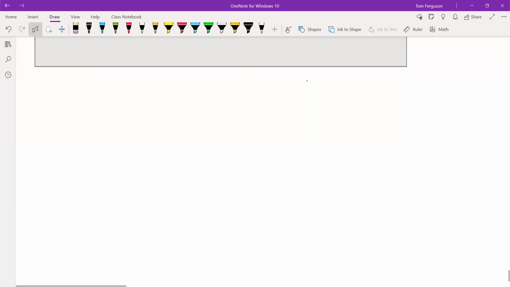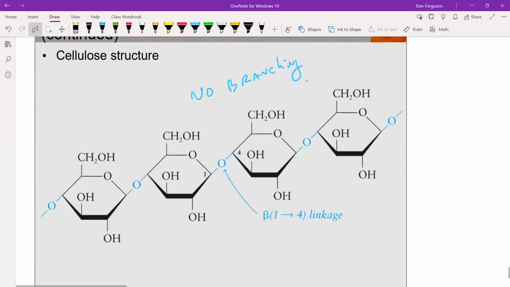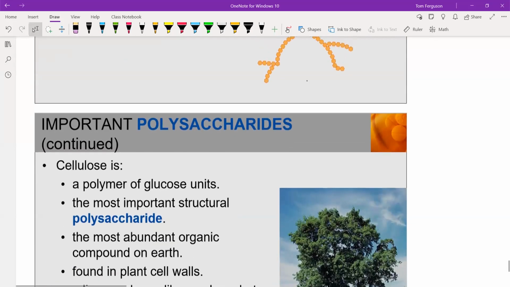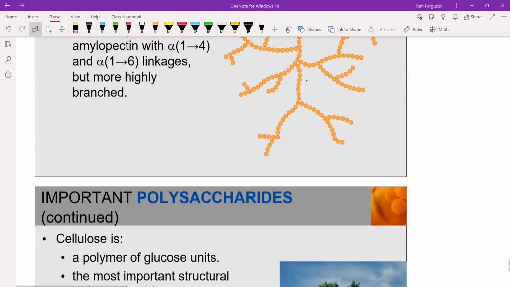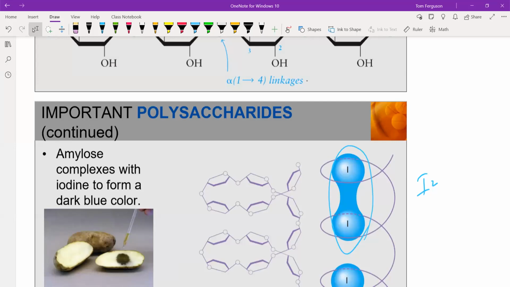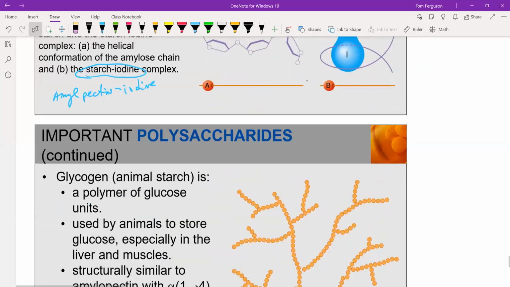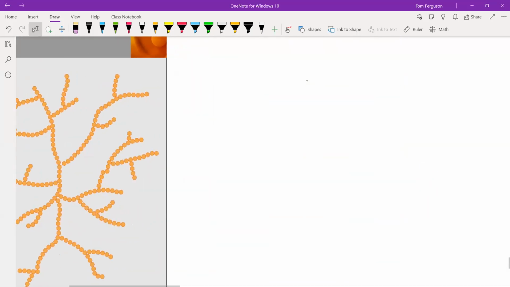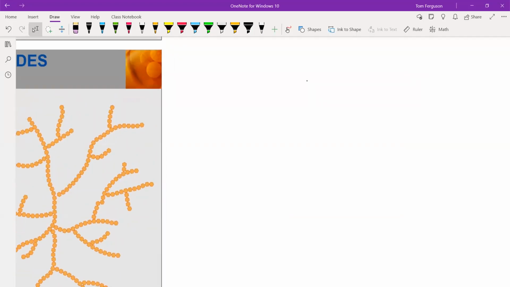Oh, there aren't any more slides. All right, so that concludes our carb unit. So, let's talk about structures now.